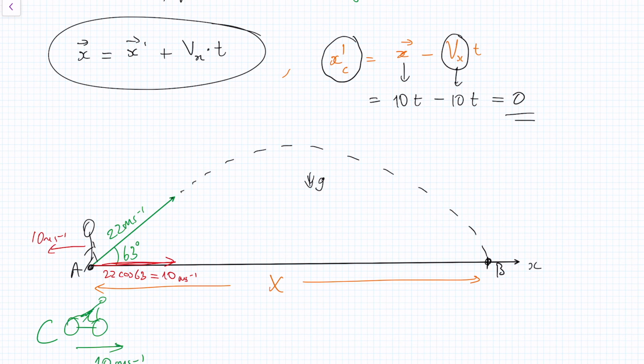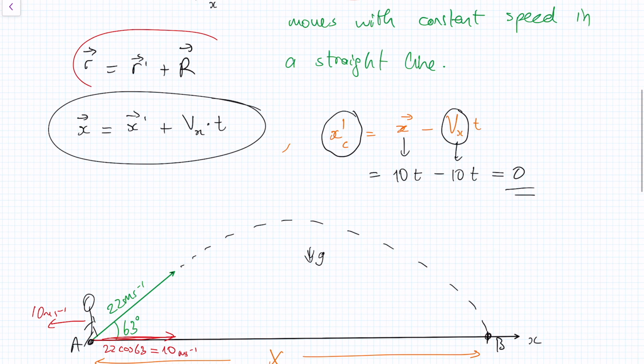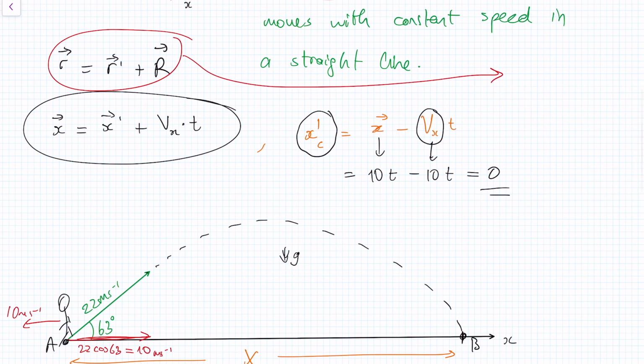One more point I'd like to make is that if we do the derivation here and differentiate, we have velocity v dashed, I'm going to call this c and this a, plus dr dt.